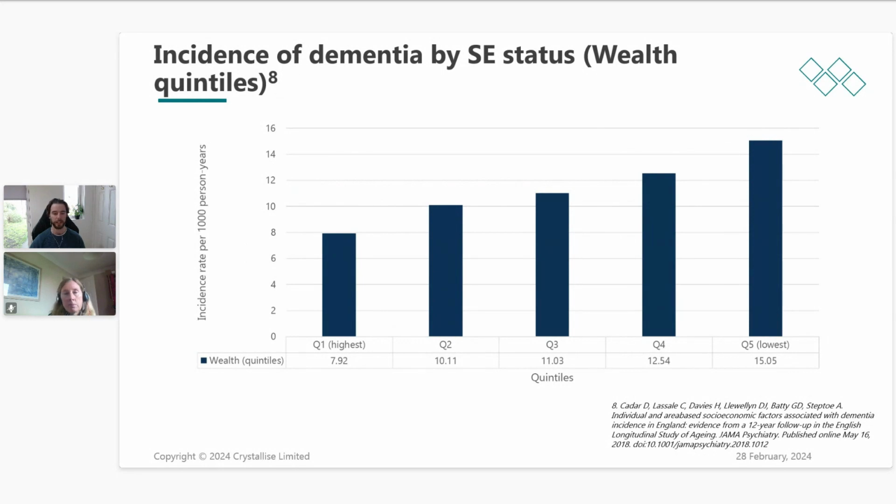Now, interestingly, this is not age standardized, and if we were to age standardize this, actually the picture would become even starker, because of course the wealthier individuals tend to be older on average relative to the least wealthy populations.